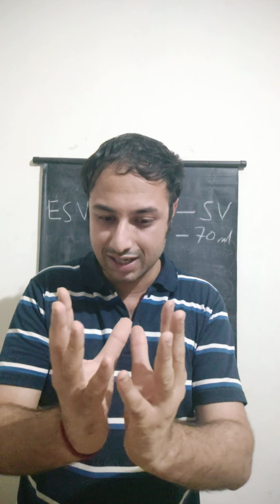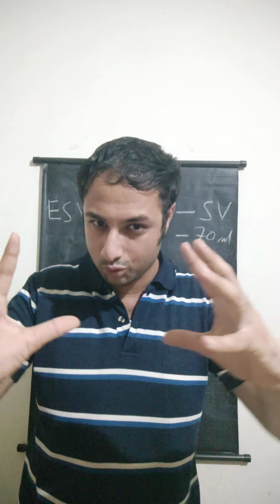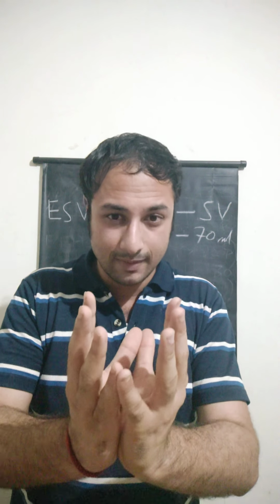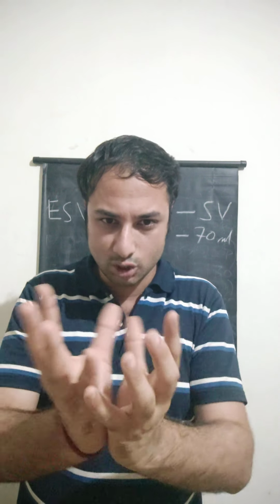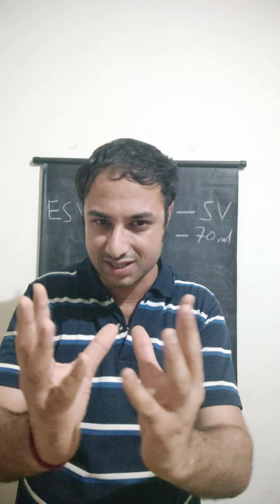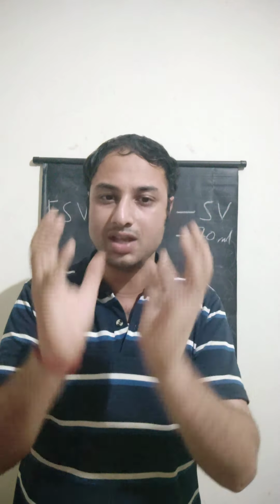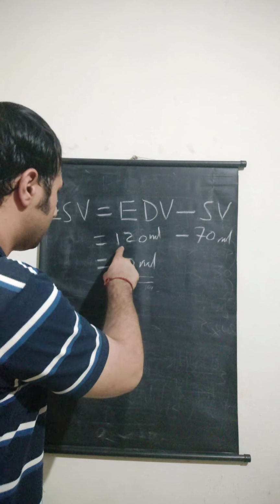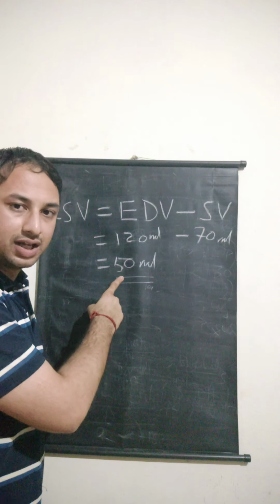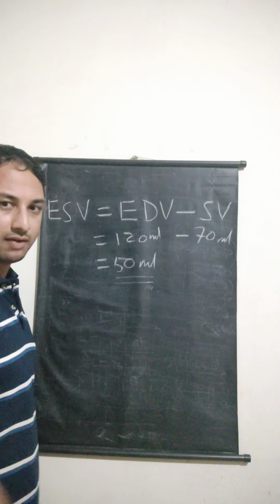Just before they start the diastole, both the ventricles are at the systole stage, and after that diastole will start. So at the end of both ventricular systole, how much blood remains in both ventricles? That is called end systolic volume. So 120 minus 70 equals 50.